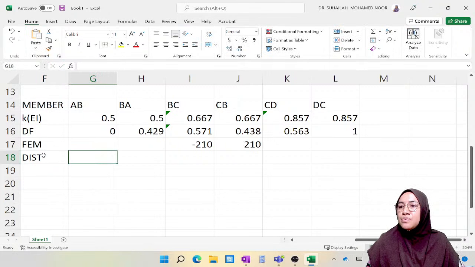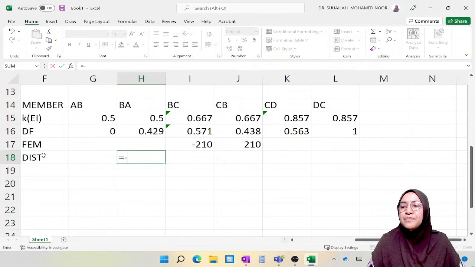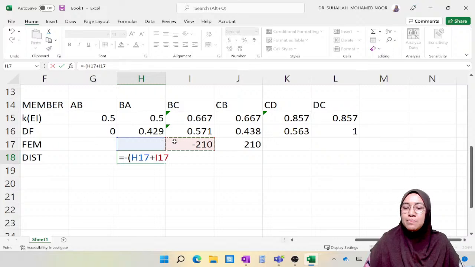We start with BA, since for AB the factor is 0 and there's no moment value. The joint moment for B is BA plus BC, but in the opposite condition. That is why I always put a negative to represent the opposite condition of the moment. So we get the total from FEM, and because FEM is opposite to joint moment, I put a negative outside.